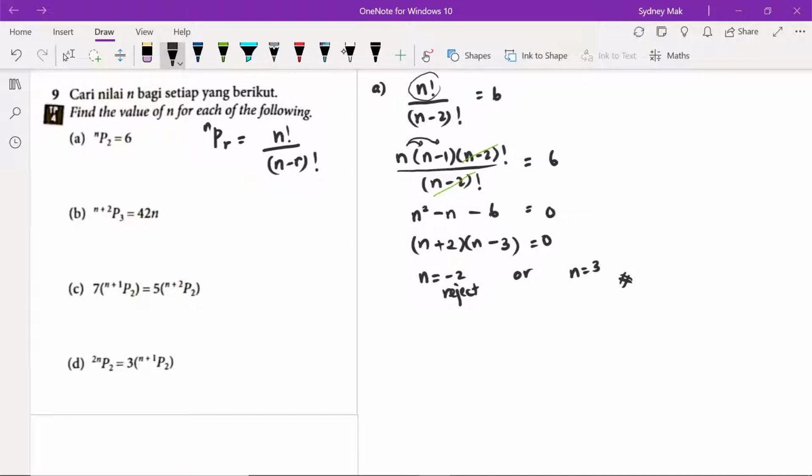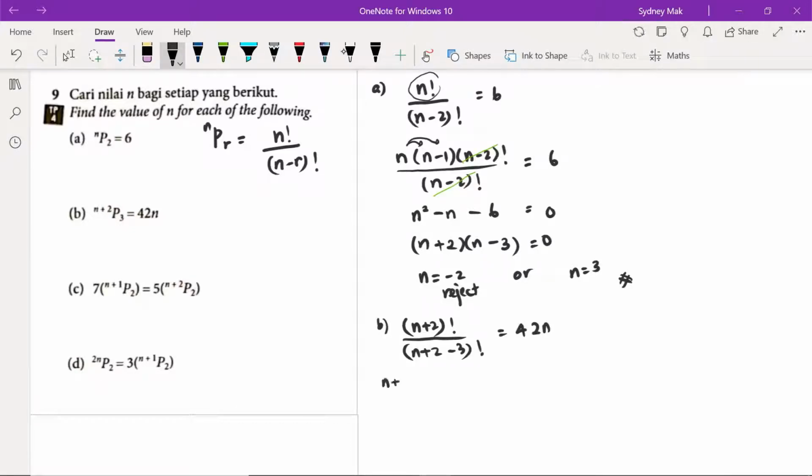Next, part B. Same thing, we'll apply the formula: n plus 2 factorial over n plus 2 minus 3 factorial equals 42n. Okay, let's expand.